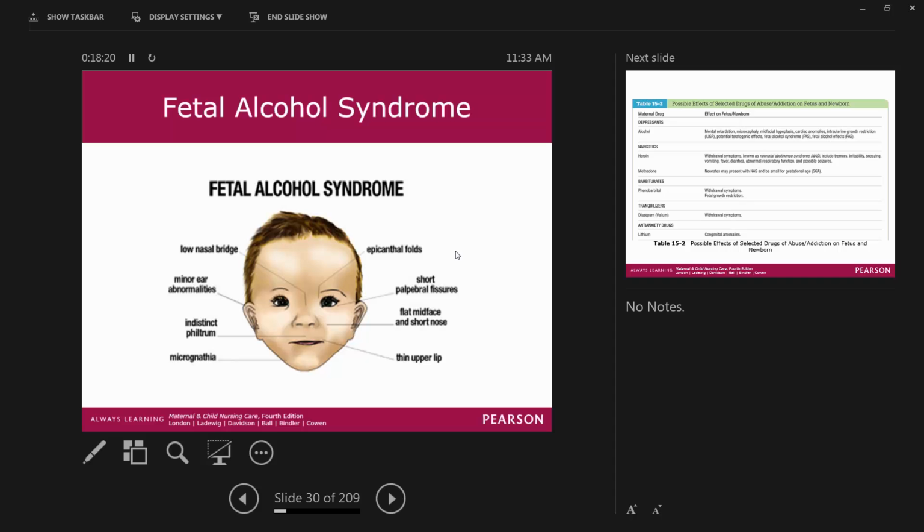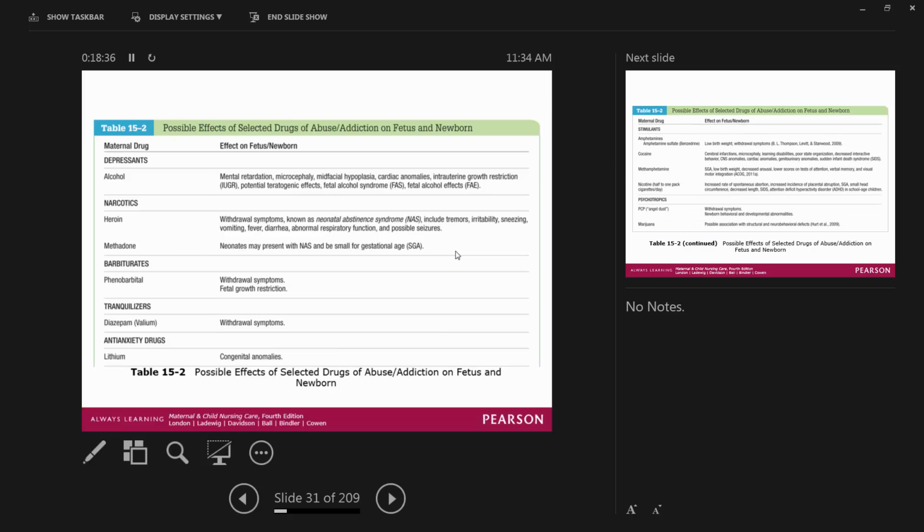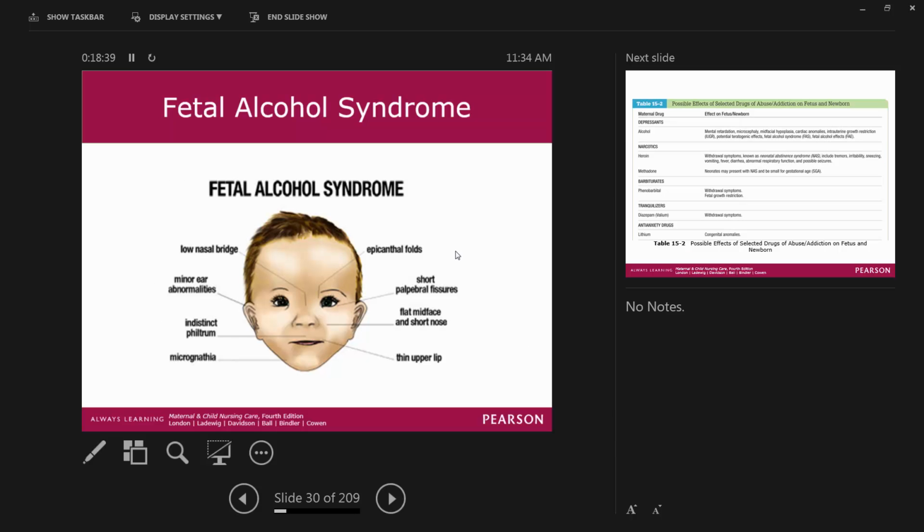They have these funky folds in their eyes. Very small chin. They don't have this little ridge in here, and this real flat lip. Is it a tall forehead too? I don't know so much if that's just a picture. I don't think tall forehead is a criteria for this one.